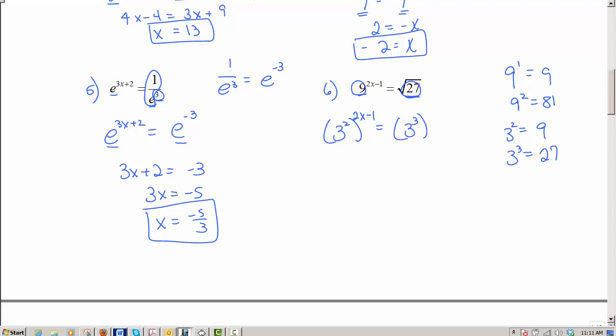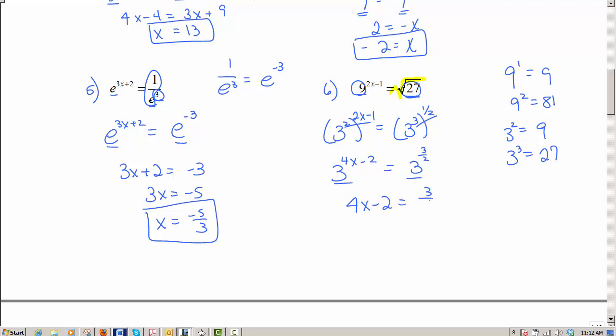And remember, we've done this before. What's that square root as a power? The half power. Now we're going to multiply those exponents. So we have 3 to the 4x minus 2 and 3 to the 3 halves. Now our bases are the same.